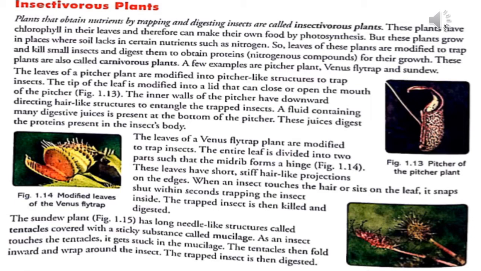The tentacles then fold inward and wrap around the insect. The trapped insect is then digested. So these all are examples of insectivorous plants, or you can say carnivorous plants. Pitcher plant has a modified leaf to catch the insect, Venus flytrap also has modified leaves to catch the insect, and sundew plant is also an insectivorous plant.